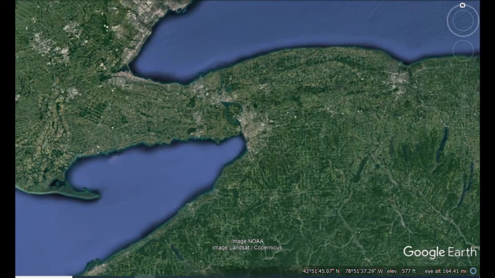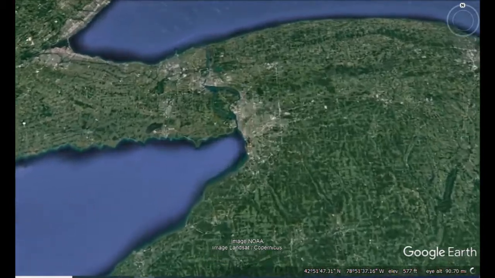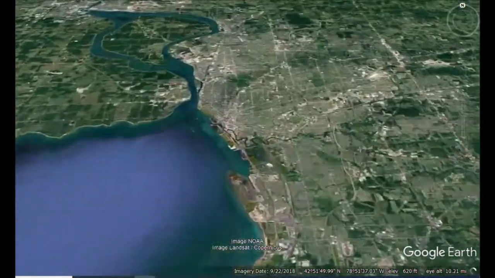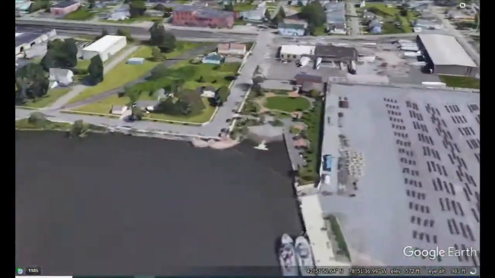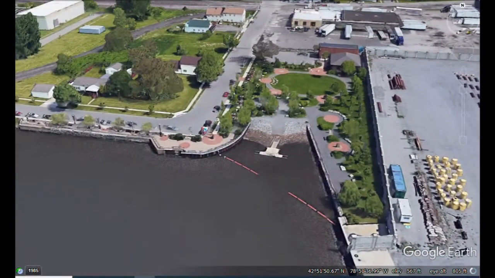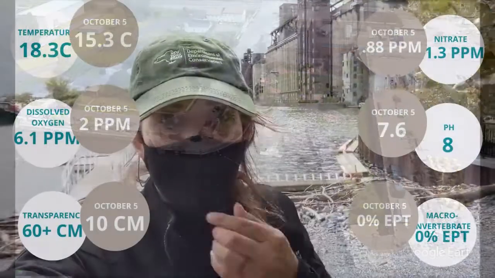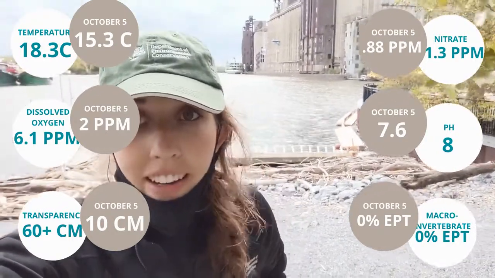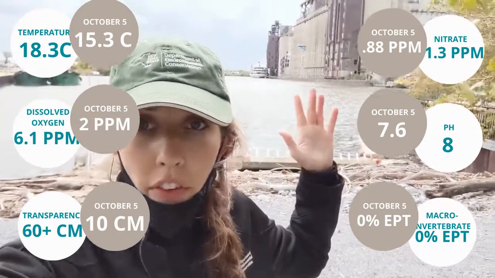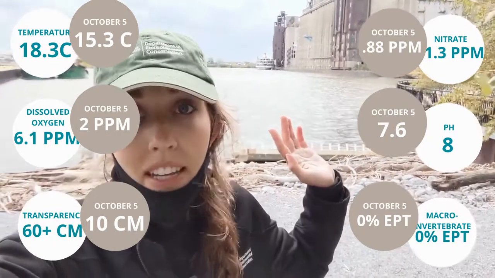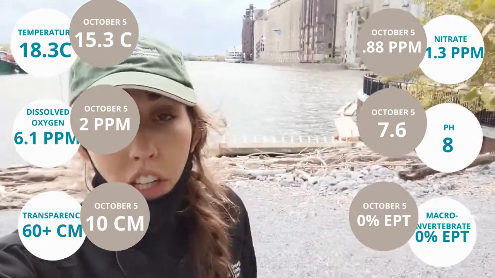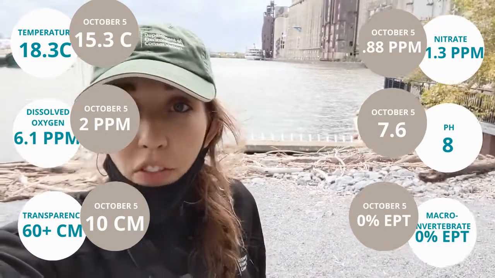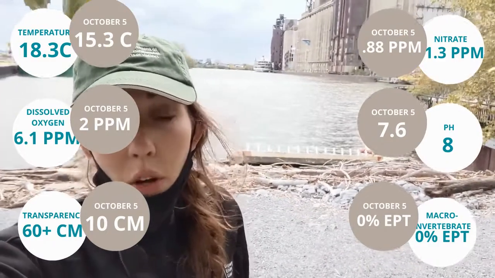Buffalo Creek flows downhill into the Buffalo River, so we'll head to Mutual Riverfront Park next. I'm here this afternoon at Mutual Riverfront Park in Buffalo with the Buffalo River flowing right behind me. This park really shows the legacy as well as the future of this area of our watershed.